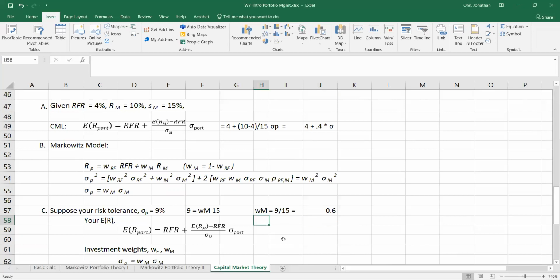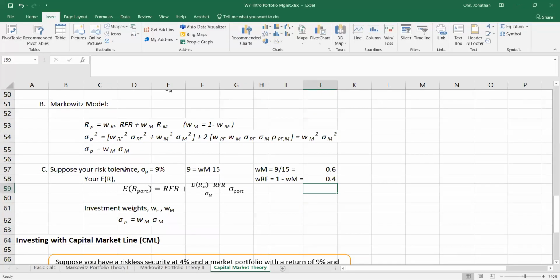Then WRF should be 1 minus WM. So what do you have? 0.4. This one is 1 minus this one. What does that mean there?